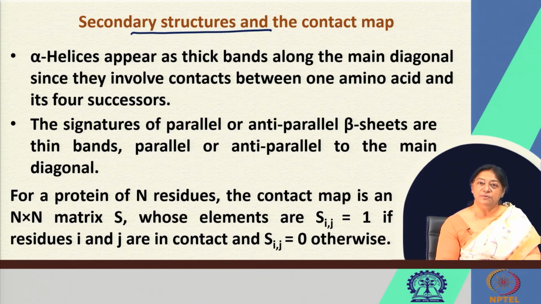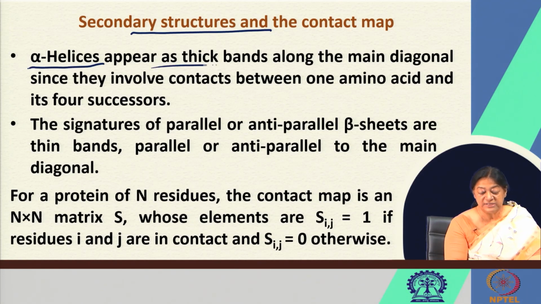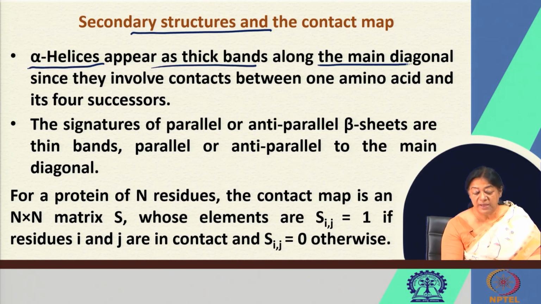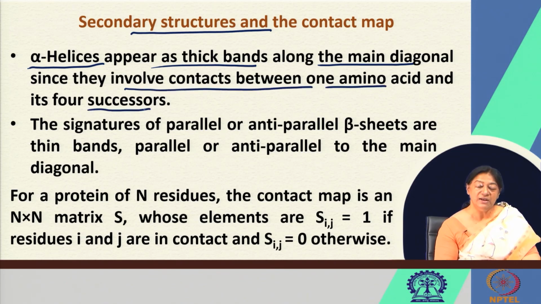What we get from these secondary structures is that alpha helices appear as thick bands along the main diagonal because they involve contacts between one amino acid and its 4 successors. What do we mean by that? We have hydrogen bonding, we know, from i to i plus 4.